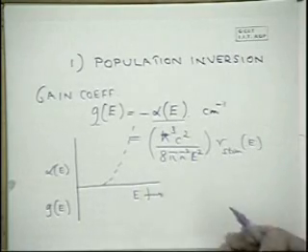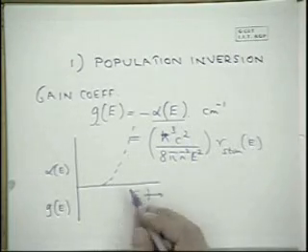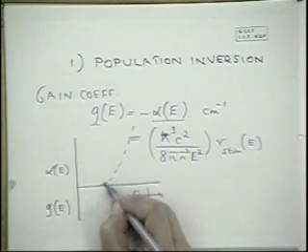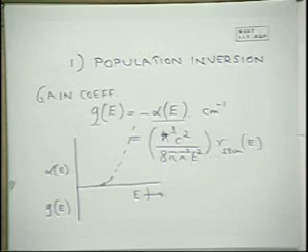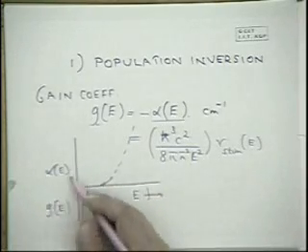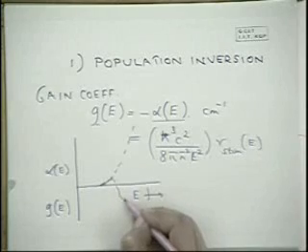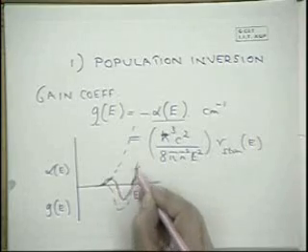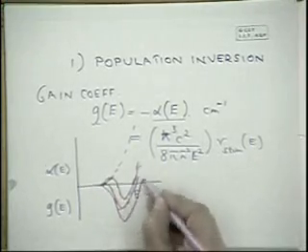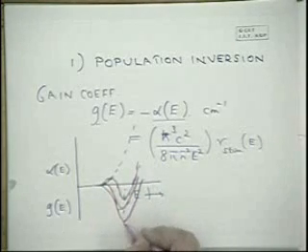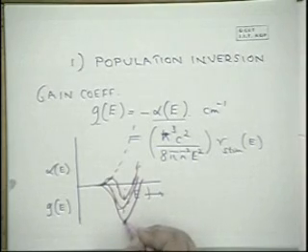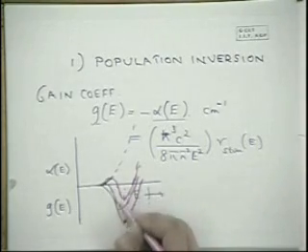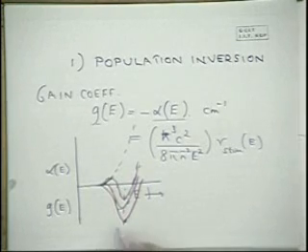For a p-n junction, once you inject carriers, then you find that the absorption is offset, and with increasing current one gets gain at particular frequencies, and from this it should be possible to calculate what is the threshold current and what is the wavelength at which the laser action takes place.